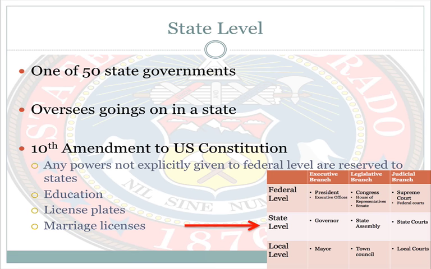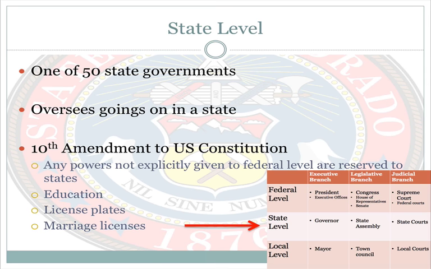If you move up a level of the federalism chart, you can see the idea of the state government. We have 50 states, therefore we have 50 state governments. And so they keep an eye on everything that happens within that state. And so their powers come from the 10th Amendment that basically said any powers not explicitly given to the federal government are reserved for the states.